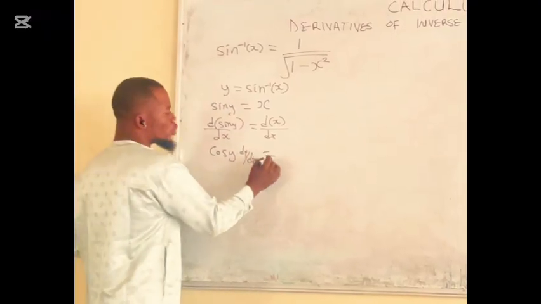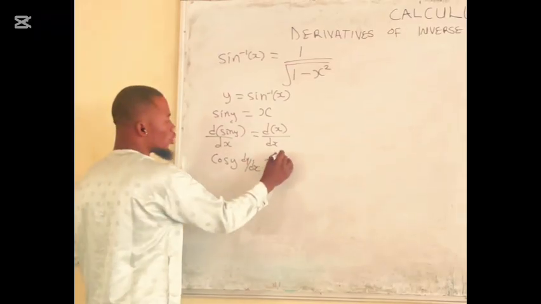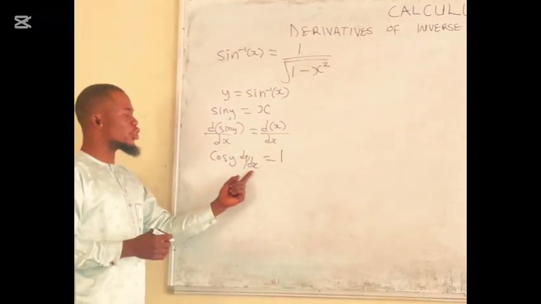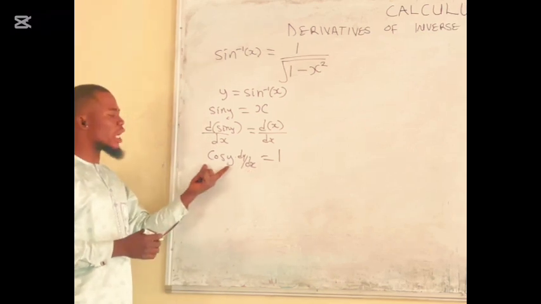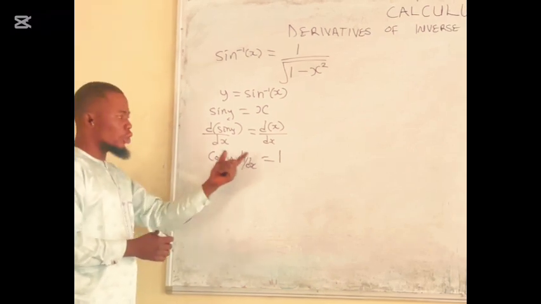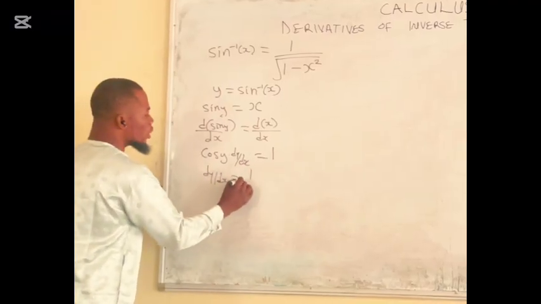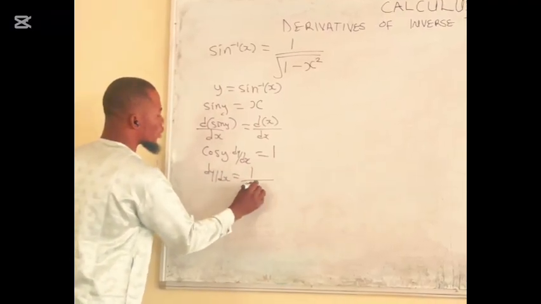This equals 1, which is the derivative of x. So we make dy dx the subject of the formula by dividing both sides by cos y. So dy dx is equal to 1 divided by cos y.